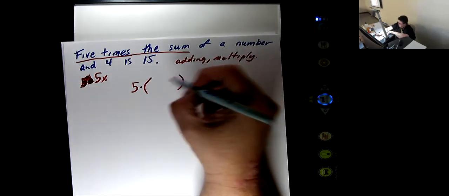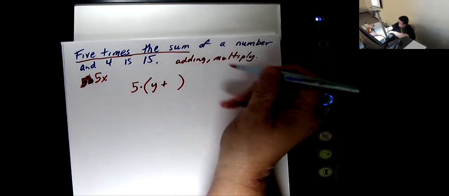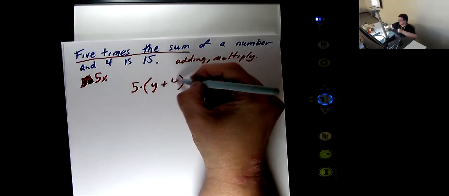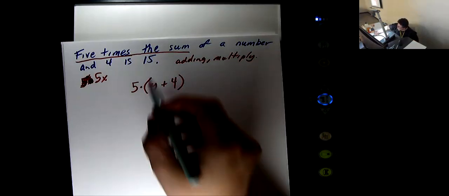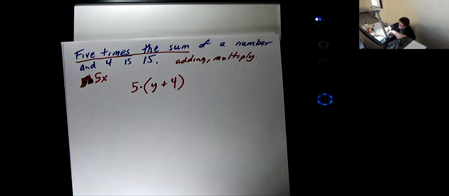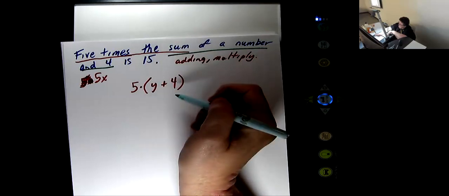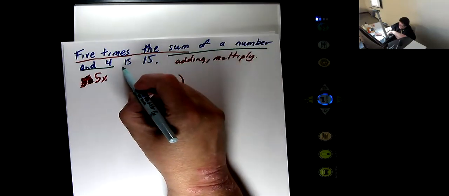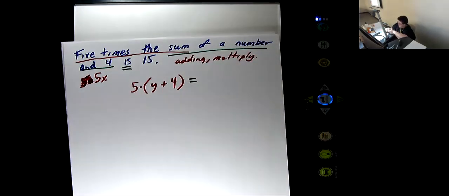I don't know what one of the numbers is, so let's call it Y. And it says 4. So Y plus 4 is the sum of a number and 4. And now we're going to do 5 times that. So the sum of a number and 4 took priority. That's the first thing we had to do. Then we multiply by 5. Is a giant equal sign. And we got 15 on the right.